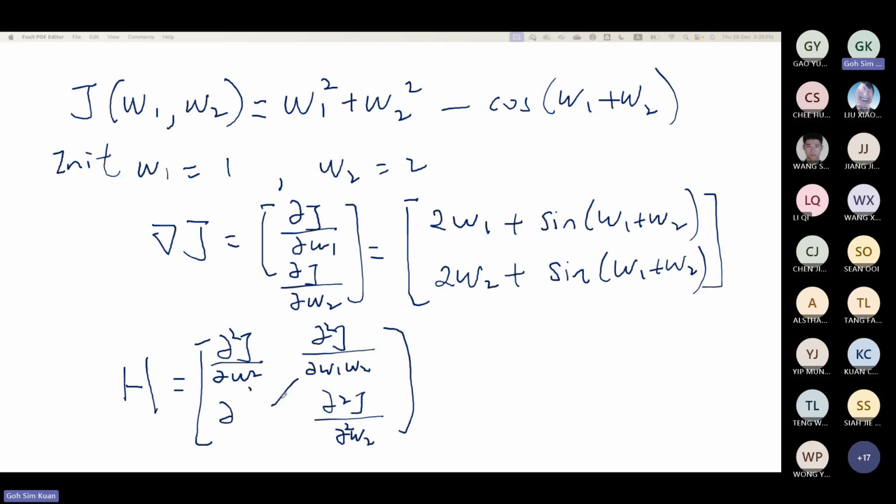Anyway, this is the same as this. There's a missing delta.